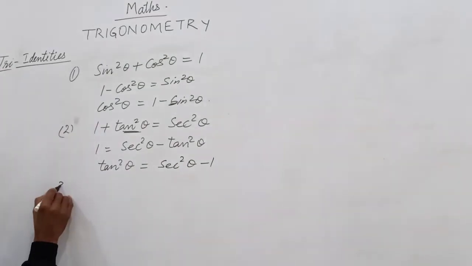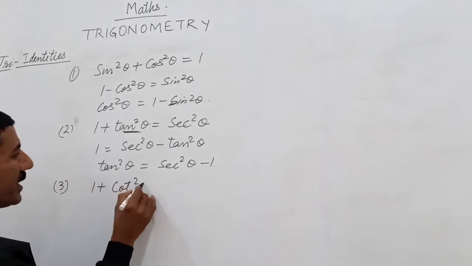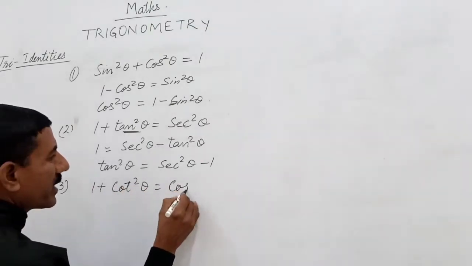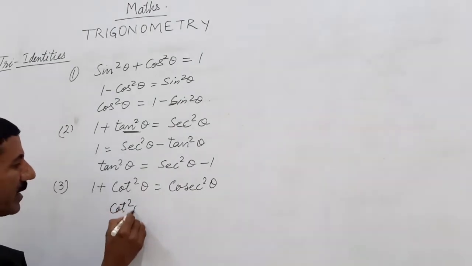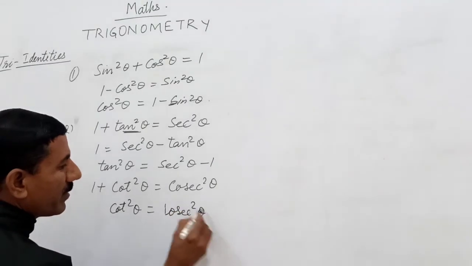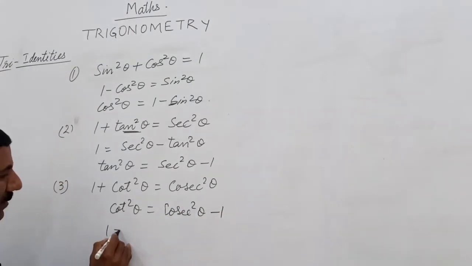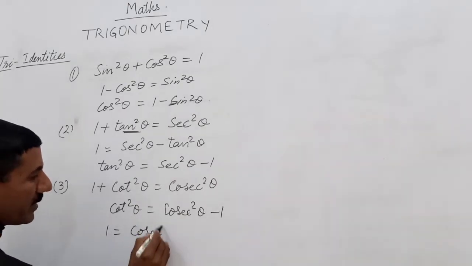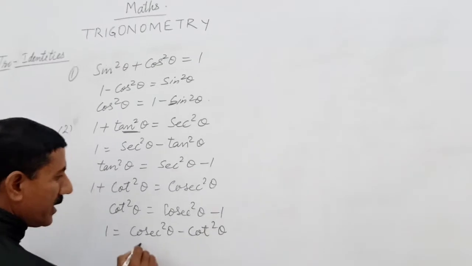In the same way, the third identity is 1 plus cot square theta is equal to cosec square theta. To find cot square theta, it will be cosec square theta minus 1, and 1 will be equal to cosec square theta minus cot square theta.